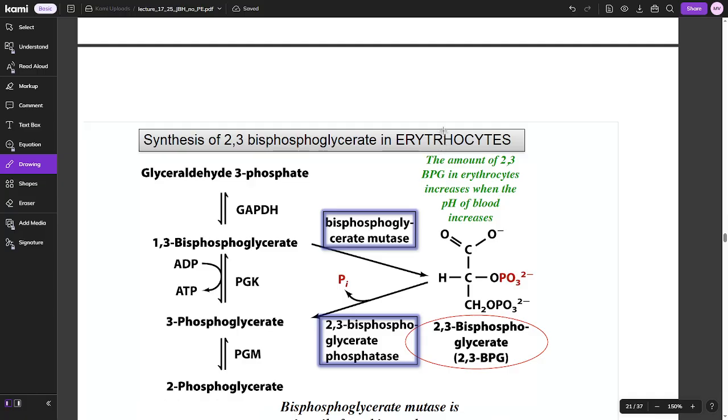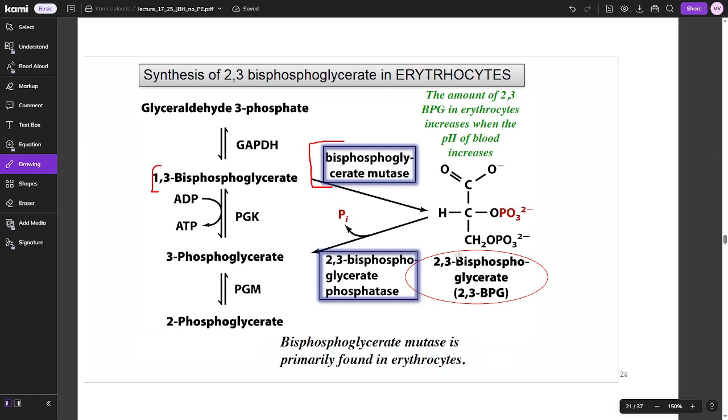That's a byproduct of glycolysis, but basically it occurs in erythrocytes. And the way that this occurs is that once you get to 1,3-bisphosphoglycerate, you have a mutase, bisphosphoglycerate mutase, that turns this into 2,3-bisphosphoglycerate.